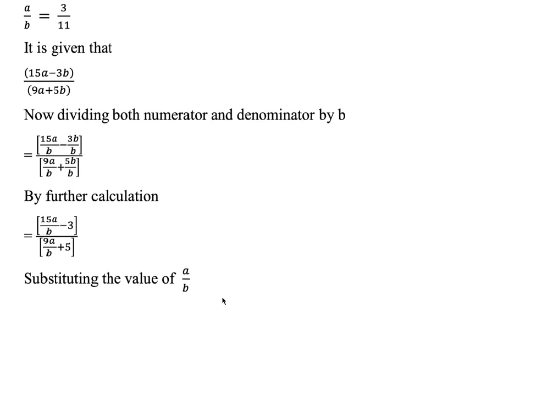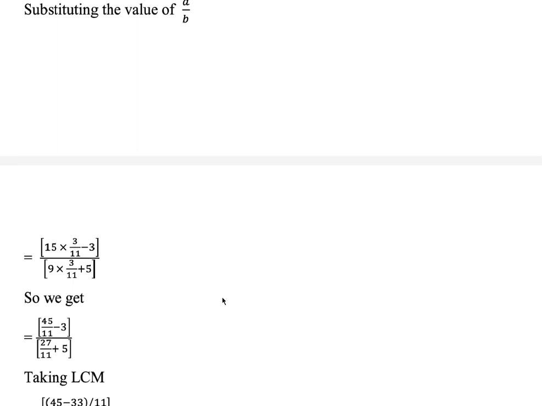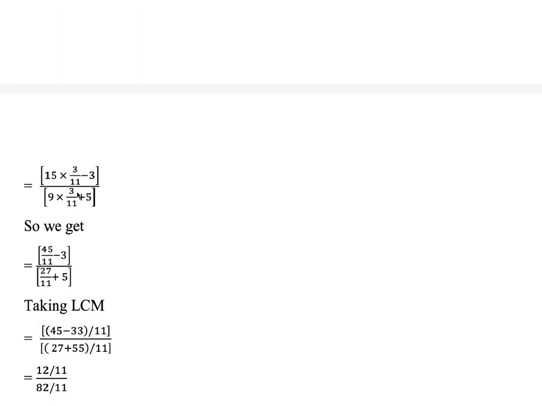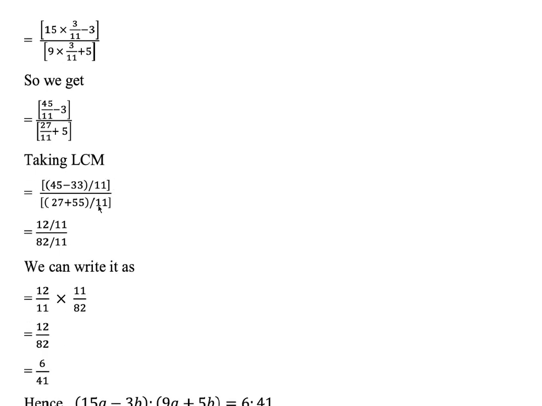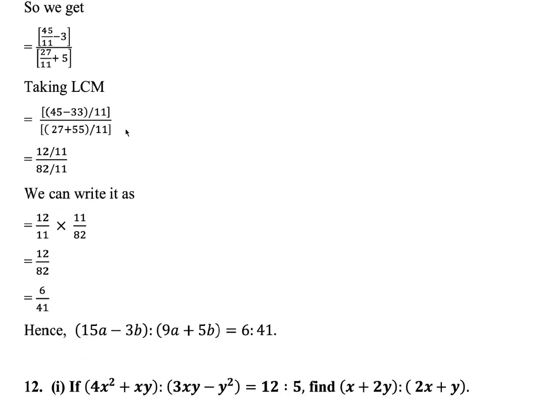Substituting the value of A by B. Now put 15 into 3/11 minus 3, and in the denominator part 9 into 3/11 plus 5. Now a little bit simplification, taking LCM. After that we can write in this way, that comes to ultimately 6/41. So answer will be 15A minus 3B is to 9A plus 5B is equal to 6:41.